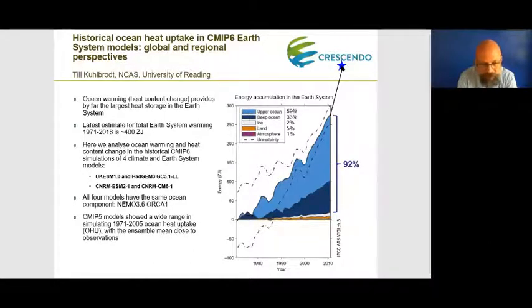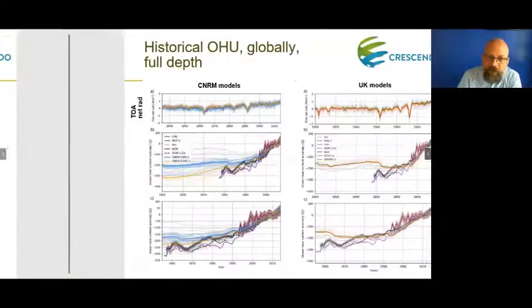Between the French and the UK models, the settings might differ very slightly, but basically the same model. We know from CMIP5 that there was quite a wide range across the models in reproducing this warming, but the ensemble mean did the job quite well and was close to observations.